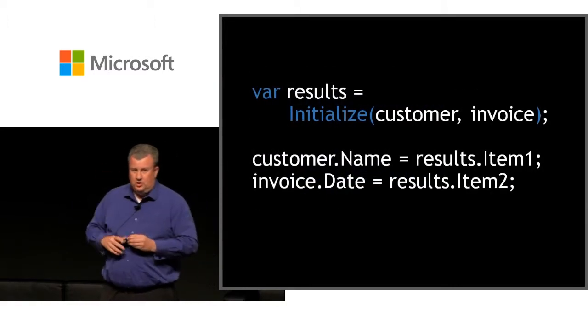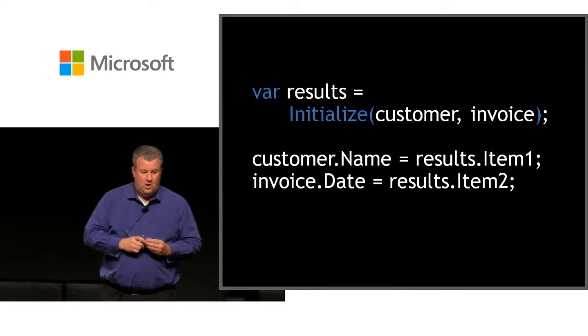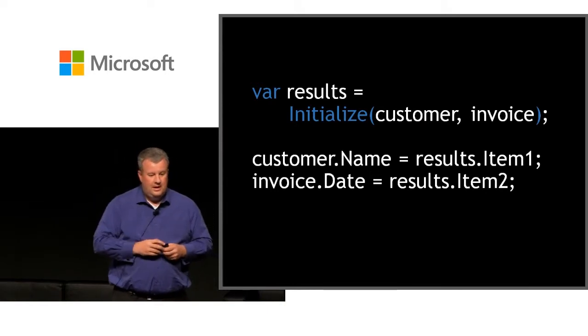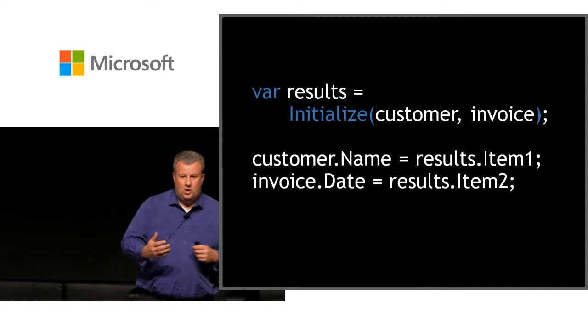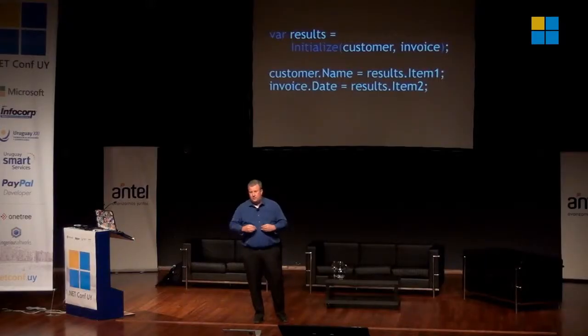This is using a tuple. We call our initialize method, and it returns the values back. When we're writing code, it's better to return values and then alter something than it is to alter it in a hidden place, like a method call.